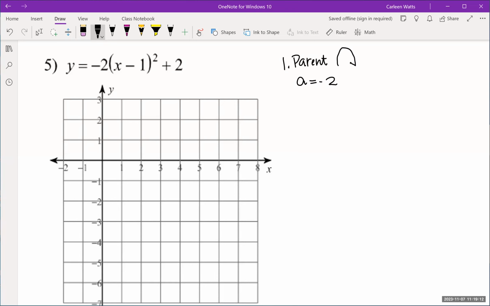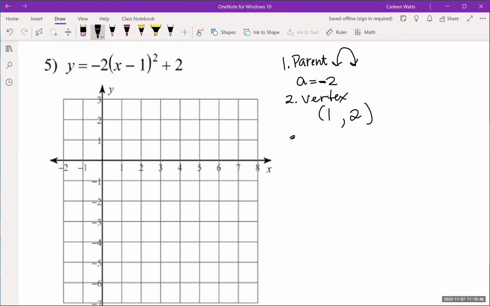It is an upside down U or a sad U because A is negative. There we go. Thank you. Next up, vertex. +1, +2. Yeah, +1, +2. Opposite of the X, same for the Y.